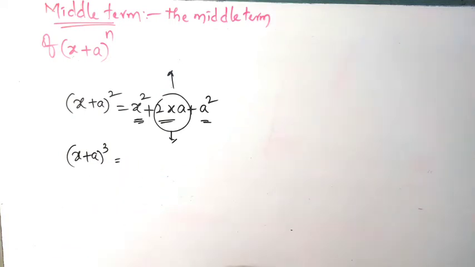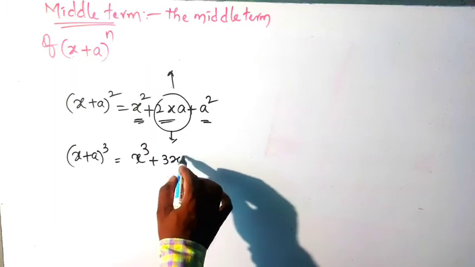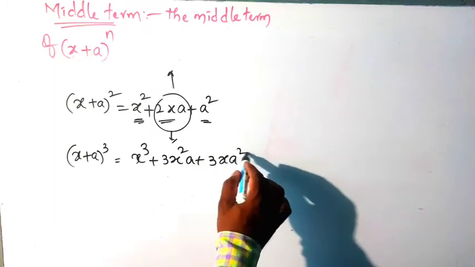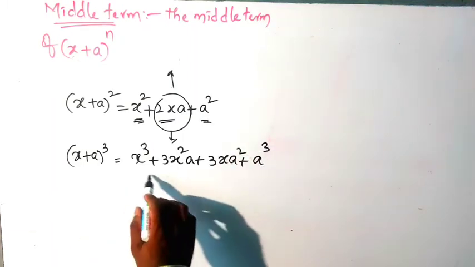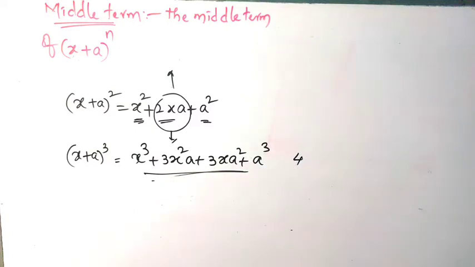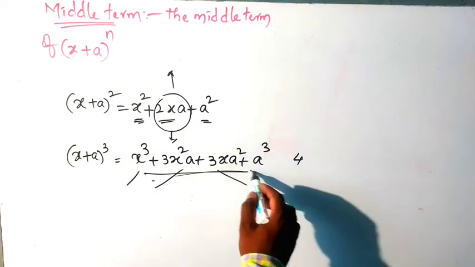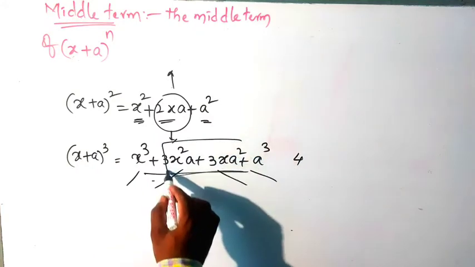Clear? For example, one more example we take here, (x + a) whole power of 3, (a + b) whole cube. So x cube plus 3x square a plus 3xa square plus a cube we get here. So how many terms exist here? Here 4 terms exist. Clear? So dividing like this, there are no single middle terms. So that's why we take these 2 as middle terms.